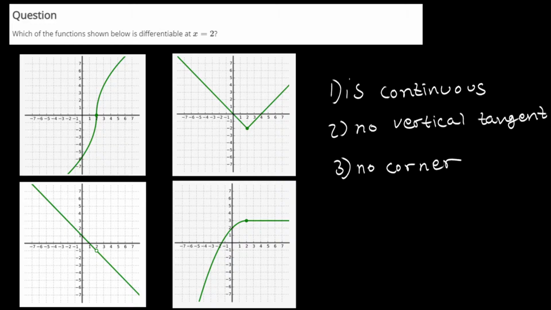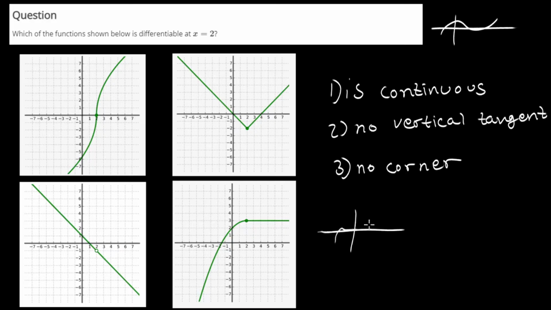So what does it mean to be continuous? Let's see what that generally means. A continuous function is a function that doesn't have any breaks or jumps. No holes, jumps. It's just what you would classify as a normal function. That's a continuous function.